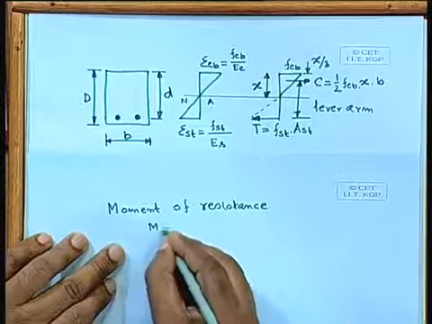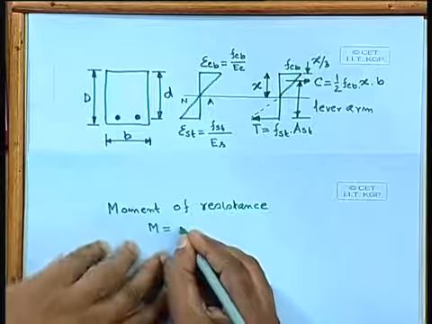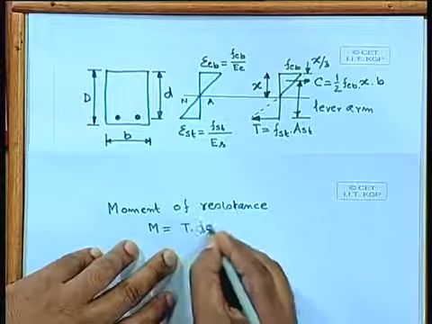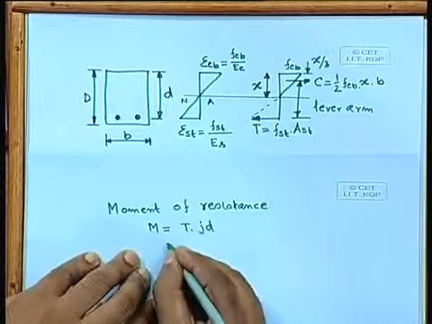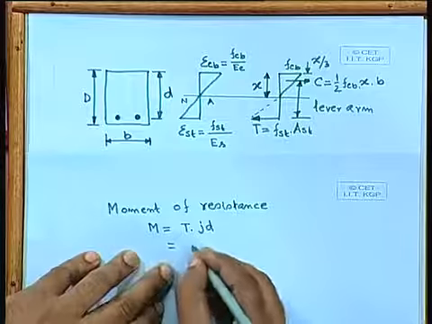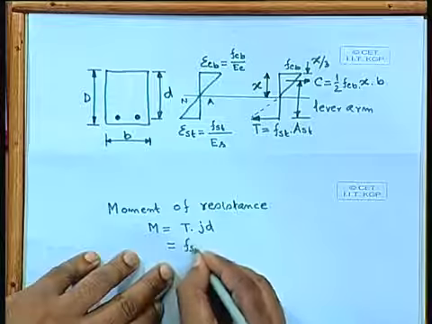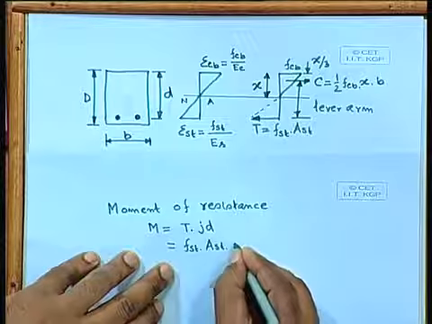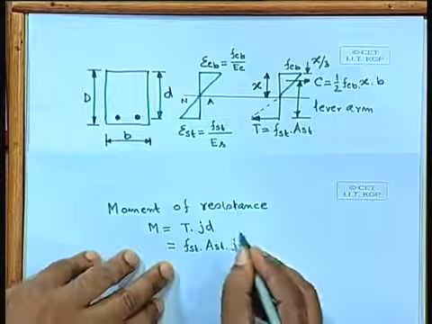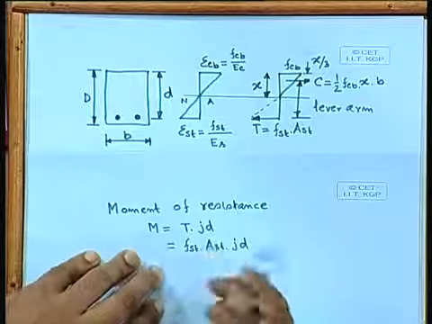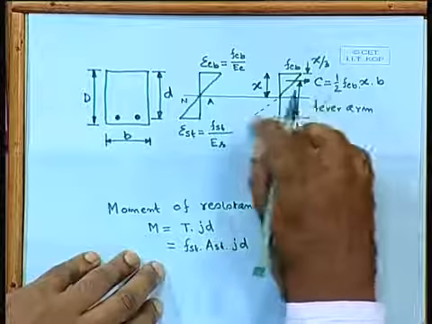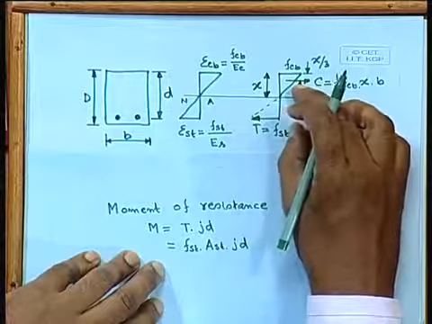M will be equal to T times JD, which is fst times Ast times jd. So the moment of resistance, if we consider it from the steel point of view, T times jd gives me the moment of resistance.